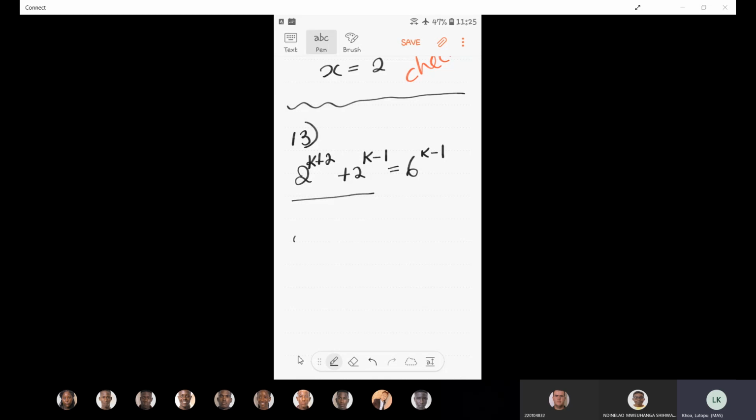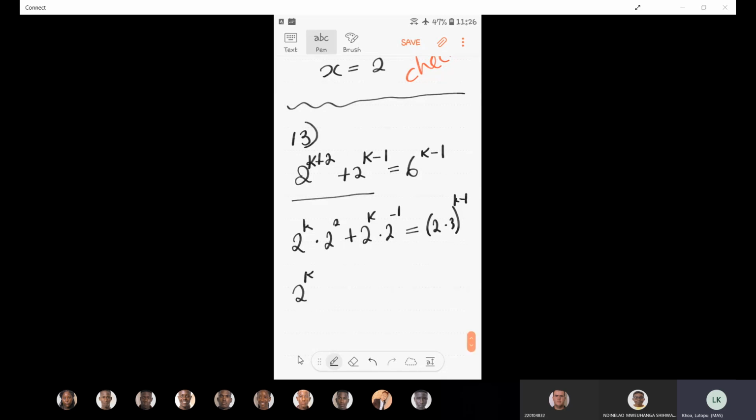In other words, I have 2 to the power of k times 2 to the power of 2 plus 2 to the power of k times 2 to the power of minus 1. Then I do the same thing on the other side. Now I know that 6 is equal to 2 times 3. So I have 2 times 3 to the power of k minus 1. On the left hand side I can factor out 2 to the power of k.